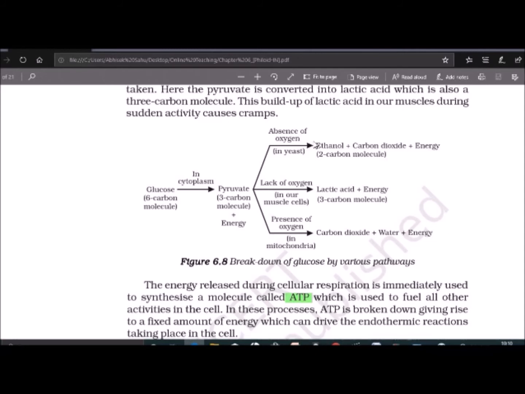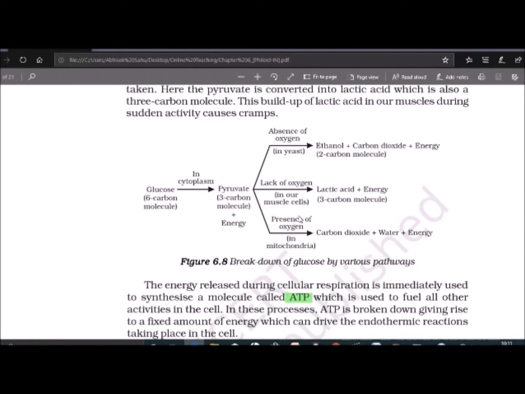This type of respiration is most common in higher organisms. In anaerobic respiration, sugar is only partially oxidized, and instead of being oxidized to carbon dioxide and water, it is converted into either ethanol or lactic acid. However, the amount of energy released is less in both lactic acid and alcoholic fermentation as compared to aerobic respiration.